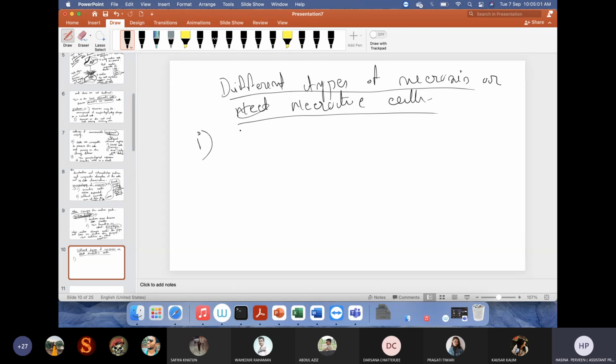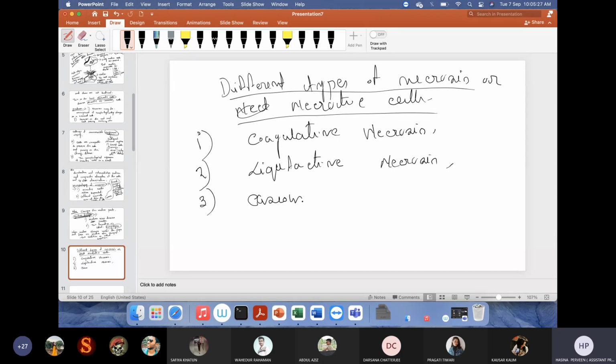First is the coagulative necrosis. Okay. Second is the liquefactive necrosis. Third, caseous necrosis. Number 4, fat necrosis.